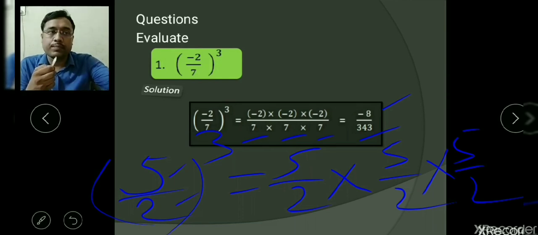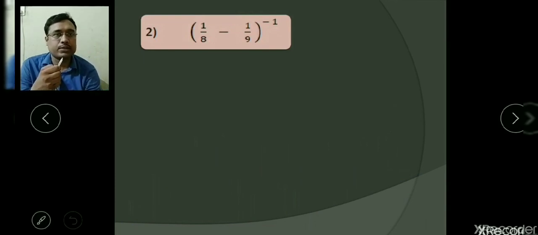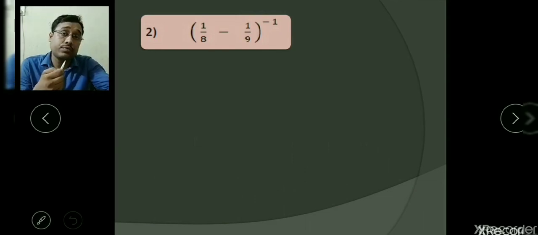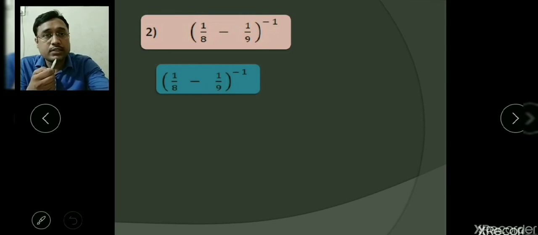Next, (1 by 8 minus 1 by 9) to the power minus 1. So first evaluate the bracket, that is, what is the result of this bracket. First evaluate this. So in which way will you solve this? We have 1 by 8 minus 1 by 9. This we have to solve as the first step.